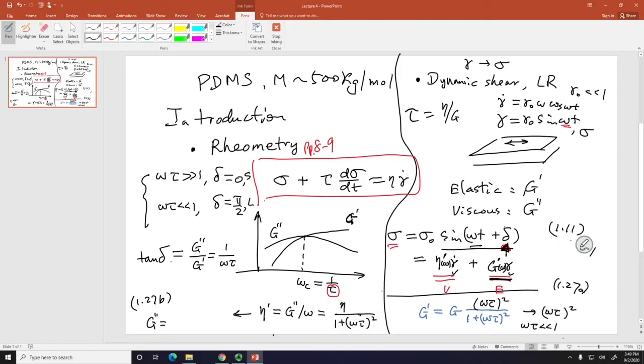We have spoken quite a bit last time. I even gave you the insight about tau for untangled polymer being proportional to the molecular weight to the 3.4 power, or 3 power. And now we completed that discussion in terms of, at least experimentally, how I determine that. Any questions?